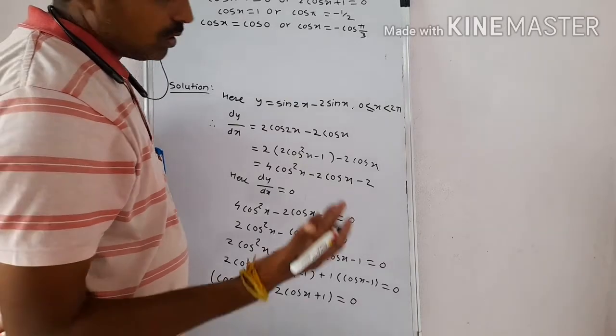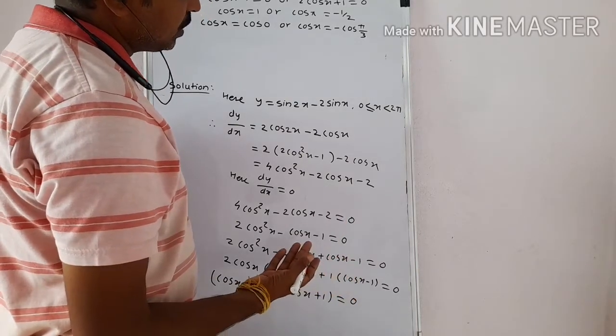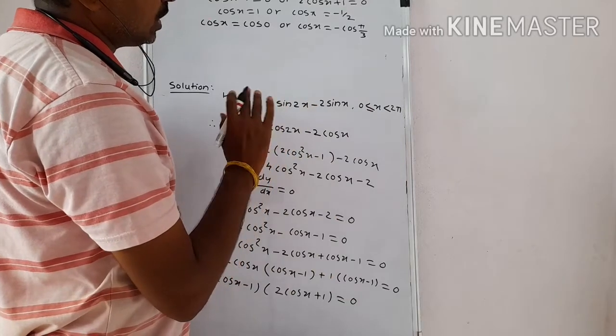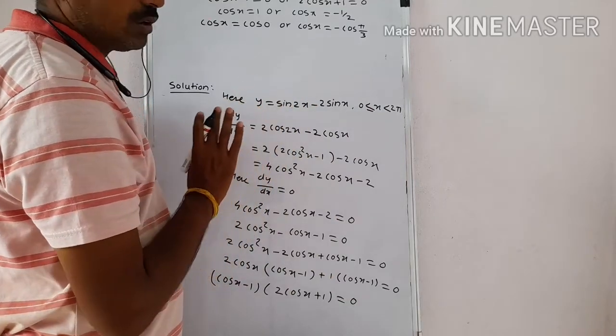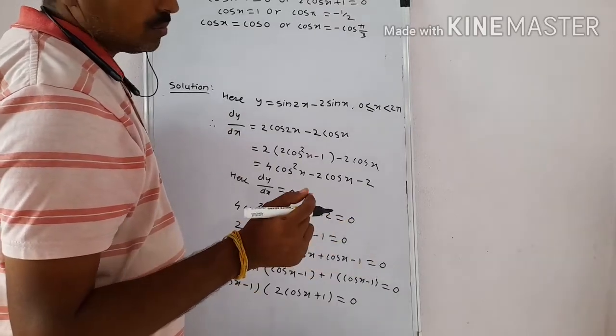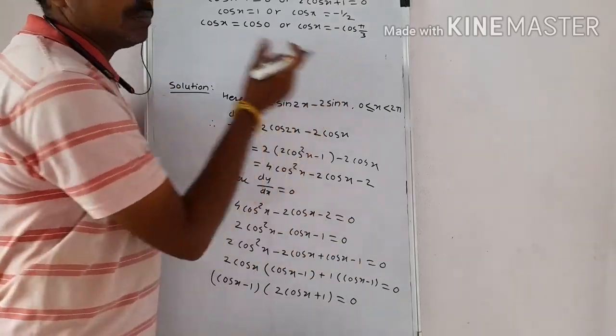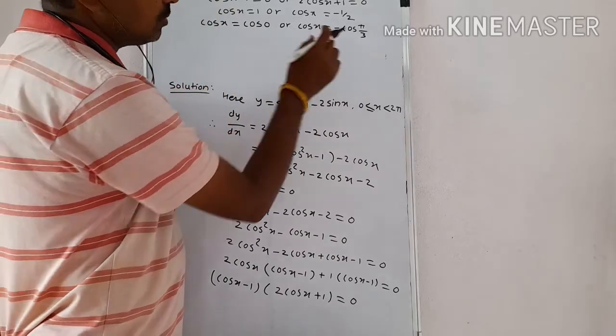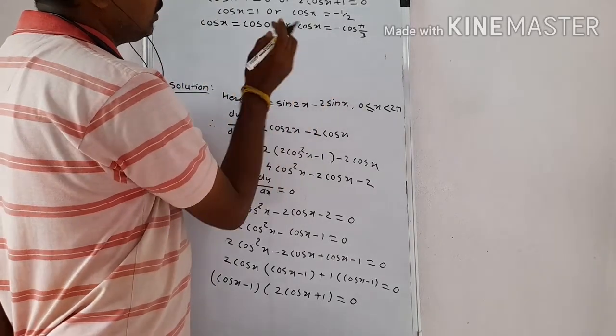Now negative value for cosine, in which quadrant cosine value is negative? In first quadrant all trigonometric terms are positive, in second sin cosec are positive, in third tan cot are positive, and in last quadrant cos and sec are positive. Therefore in second quadrant and third quadrant cosine value is negative.